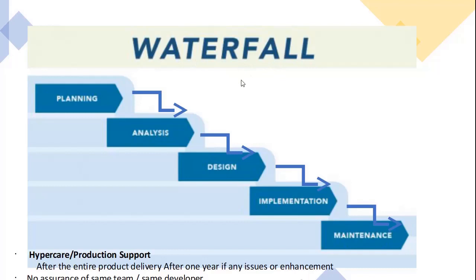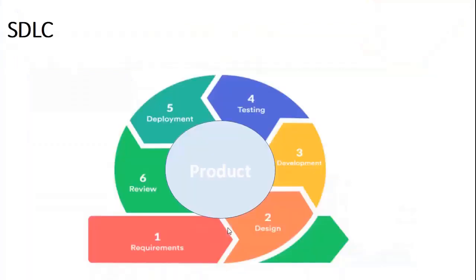So in the waterfall model, each and every phase depends on its previous stage. Okay, let's go to our previous slide. Once you gather the requirements, only then can you start the design. Once you complete the design, only then do you do the development. Once you are done with the development, only then is it available for testing.